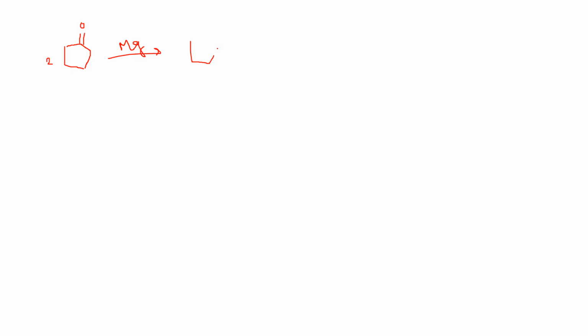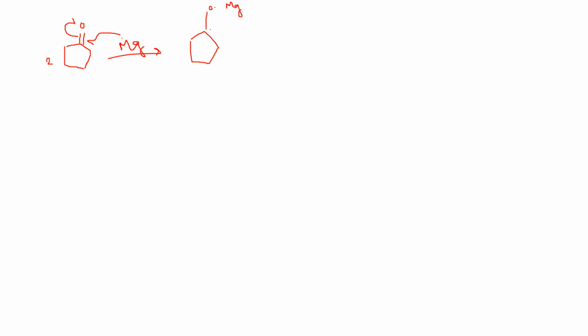Through a radical pathway, it will give an O radical, which will combine with magnesium. Magnesium will give one radical to one molecule and another radical to another molecule.